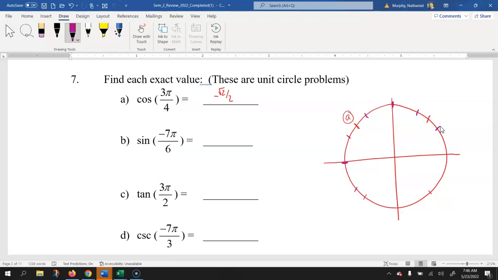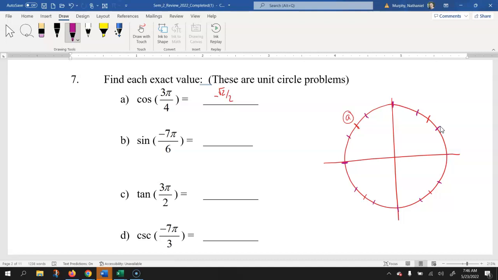We'll get to that in a second. So 7/6, 8/6, which reduces to 4/3. But then we would have 9/6, which reduces to 3/2. Then 10/6, that obviously reduces. Then this would be 11/6, and then 12/6 brings us back to the beginning. Okay, so we've just broken this up into sixths. So again, I want to go at negative 7 pi over 6.